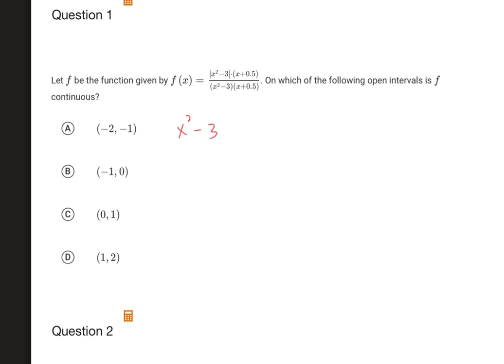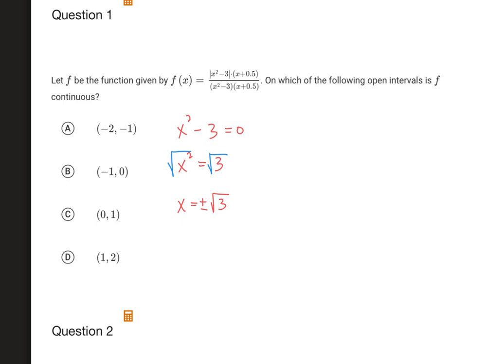And so just set the bottom equal to 0. Here we'll just set each factor equal to 0. Okay, square root both sides, but if you have a step where you had to square root both sides, then this is plus and minus.